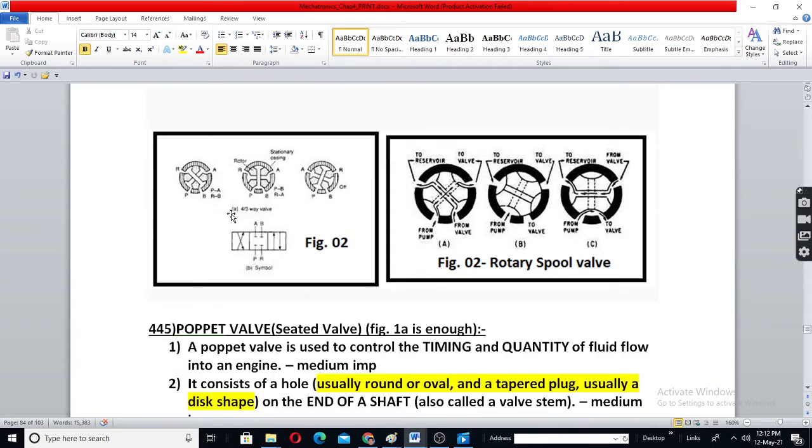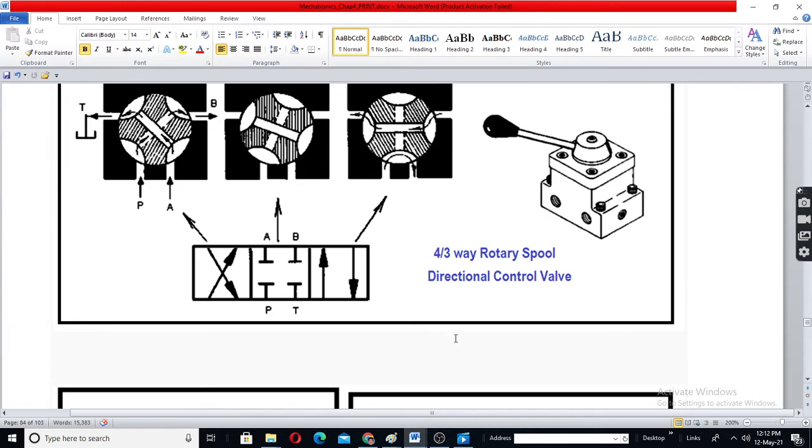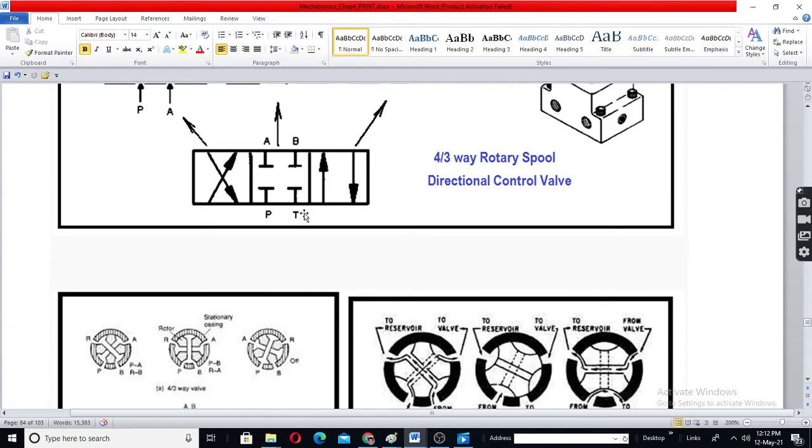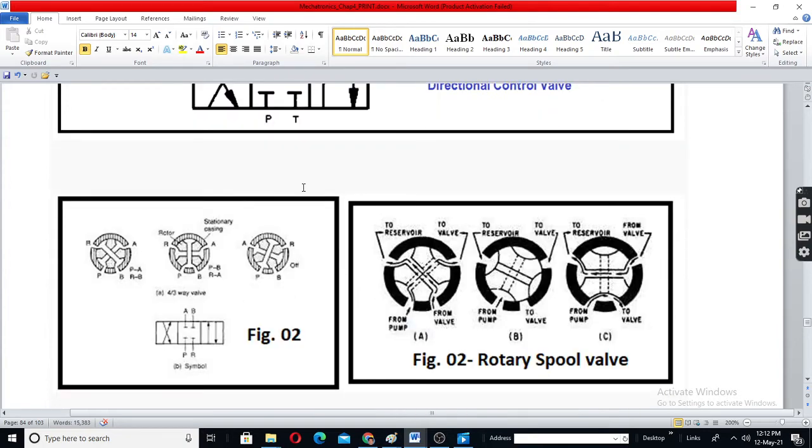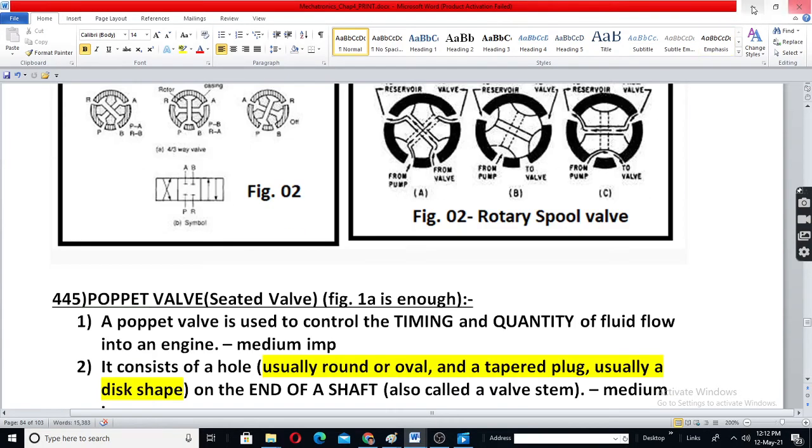Same thing, P to A and R to B. R means reservoir, same as tank T. Okay, P means pressure from pump. Pump, tank, A and B are valves. We will see more about this in videos.